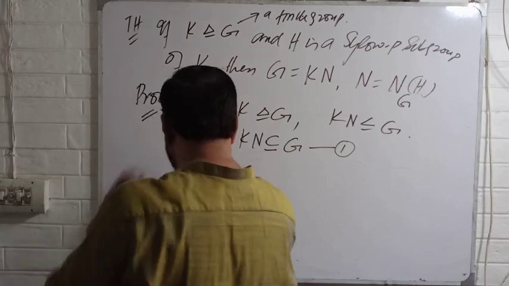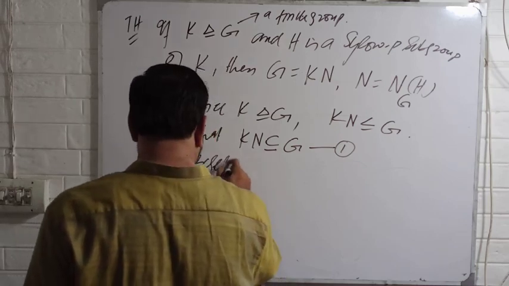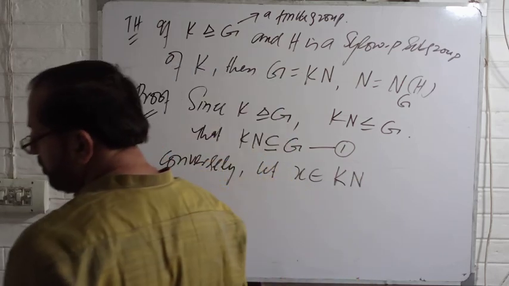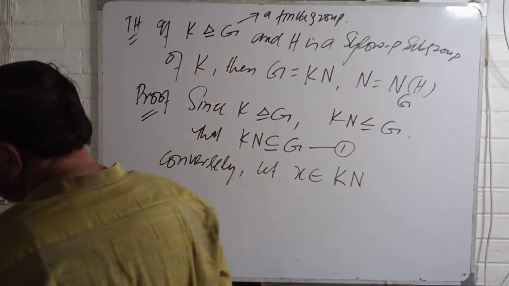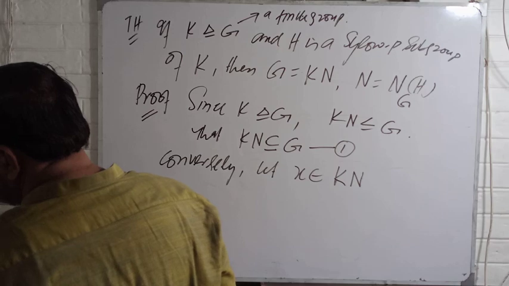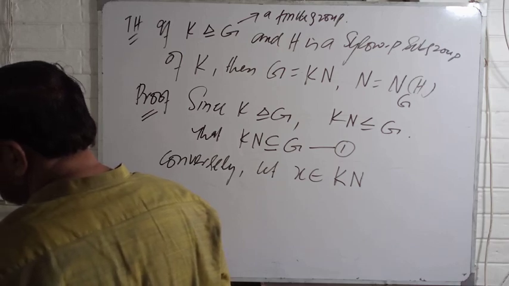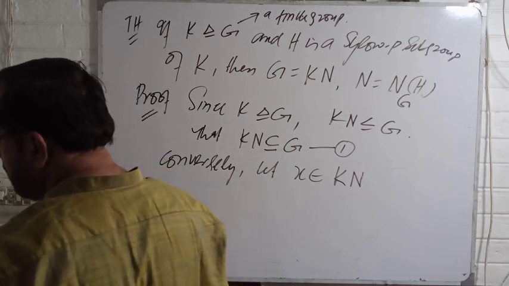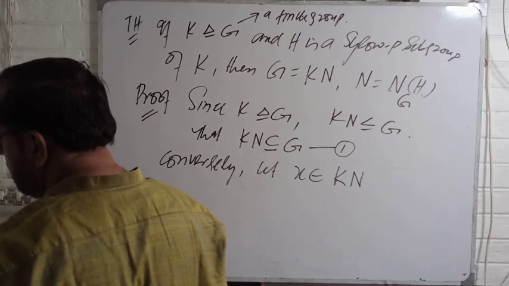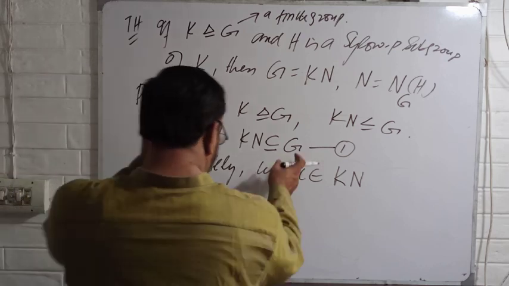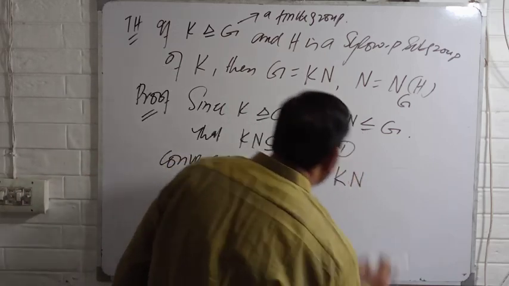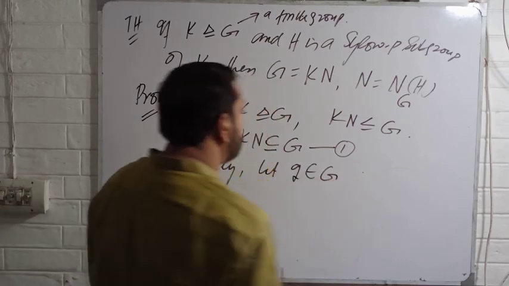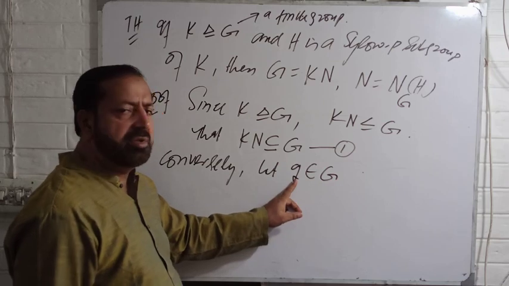So for this, conversely, let g belong to G, because for the arbitrary element of G normally we use small g.